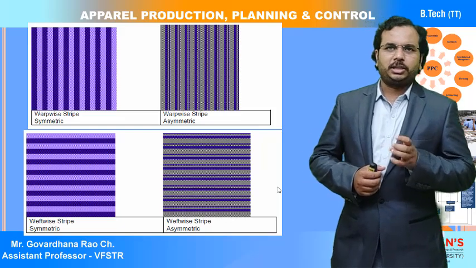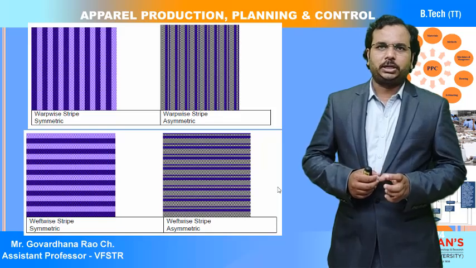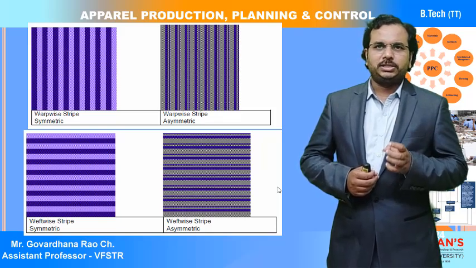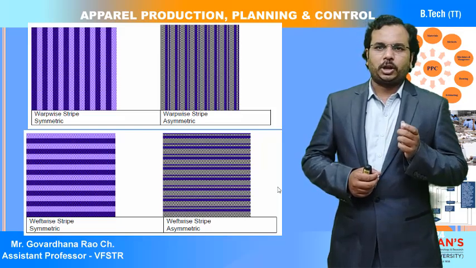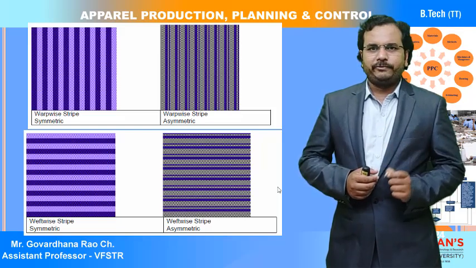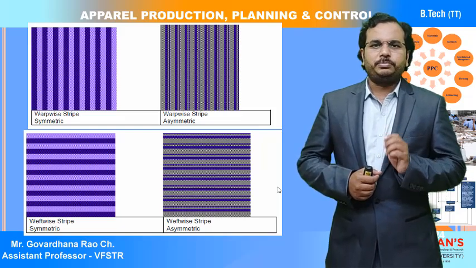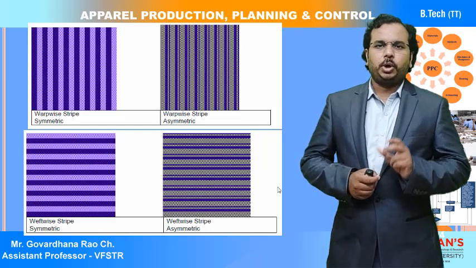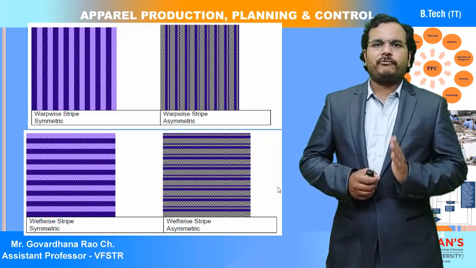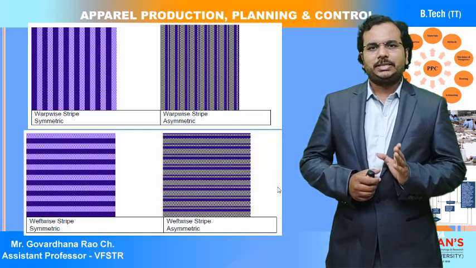In the first image of the warp wise stripe fabric, the symmetric design, you can observe that two different colors were used in the fabric, and for both colors the number of warp threads in the fabric is the same.